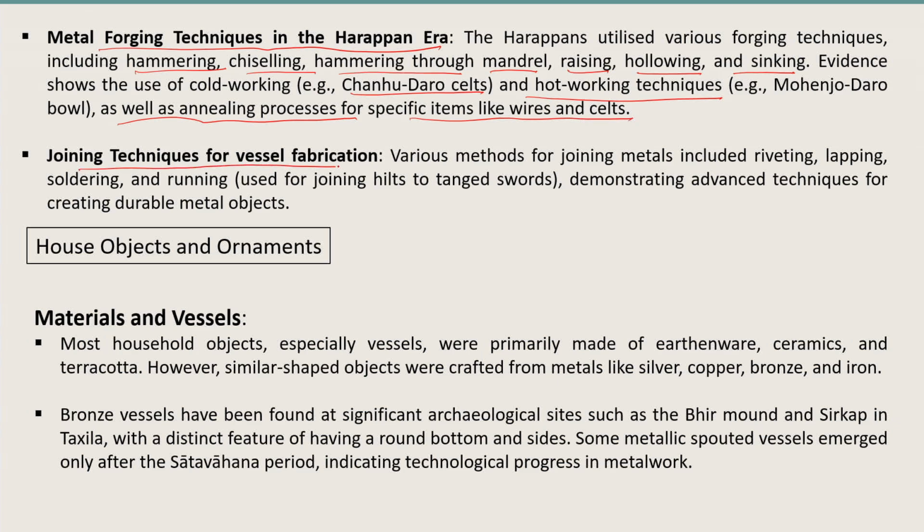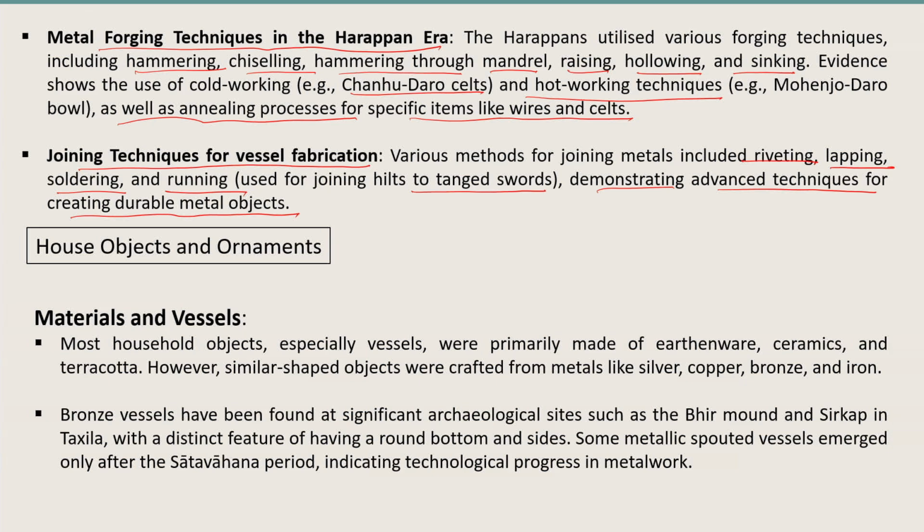Joining techniques for vessel fabrication: various methods for joining metals include riveting, lapping, soldering and running, used for joining hilt to tanged swords, demonstrating advanced techniques for creating durable metal objects.